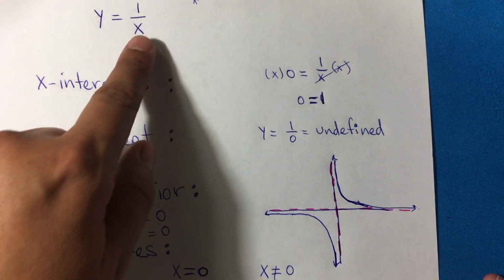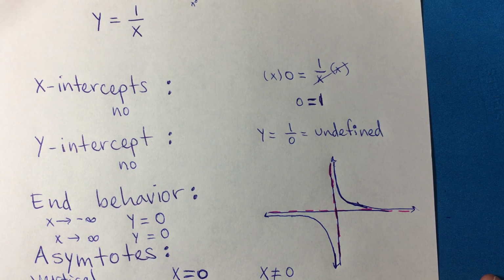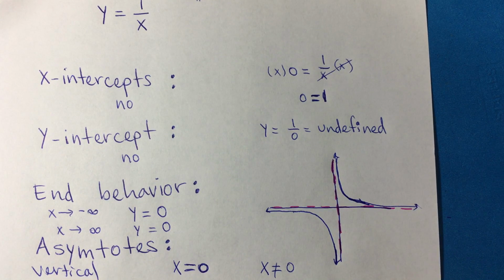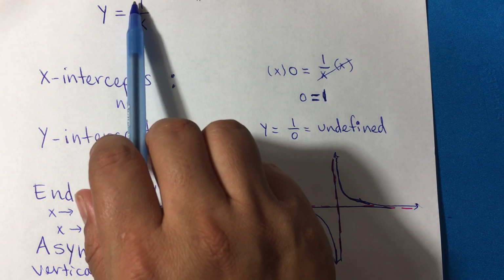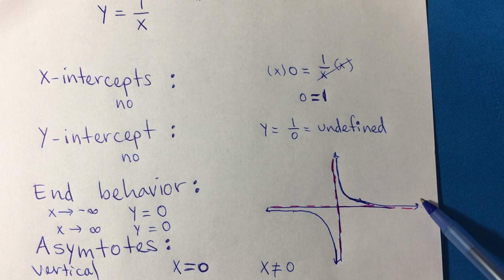And there are going to be transformations when you're adding or subtracting, but you'll see that with the next example. But overall, when you have 1 over x, that's my mother graph on quadrant 1 and quadrant 3.